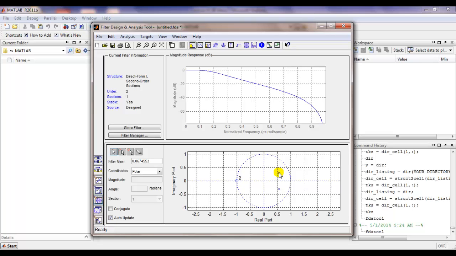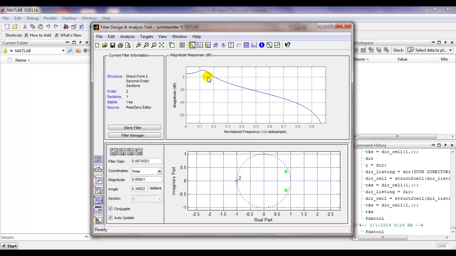And as we talked about, as I take the poles closer to the unit circle, the frequencies around that region are going to start, their magnitude is going to start going up. So I'll take these closer to the unit circle, and you see that you have now gone above the 0 dB, and this thing is sort of rising up.